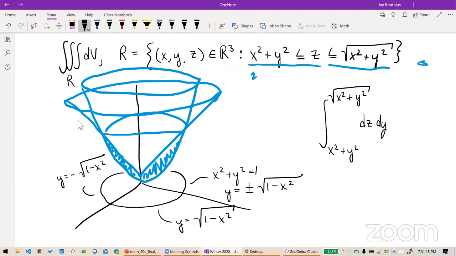These give us the lower and upper bounds on y in terms of x: negative square root of 1 minus x squared, to positive square root of 1 minus x squared. And the last one, with respect to x, is just the least and greatest values of x achieved on this region, so we get negative 1 to 1.